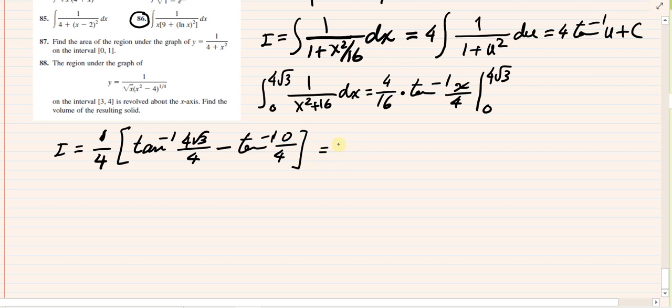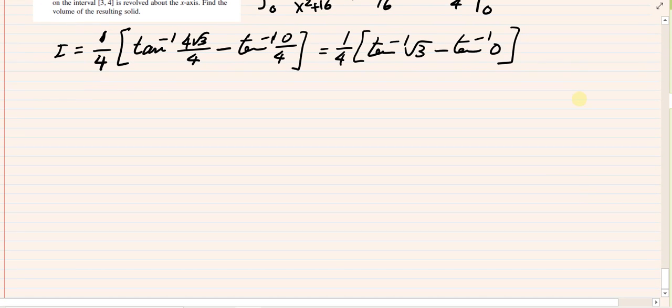This is now 1/4 times arc tan of root 3 minus arc tan of 0. Now we need to evaluate this. We're done with the calculus, so let's do the trig part of it. Remember, the output of every inverse trig function is an angle.